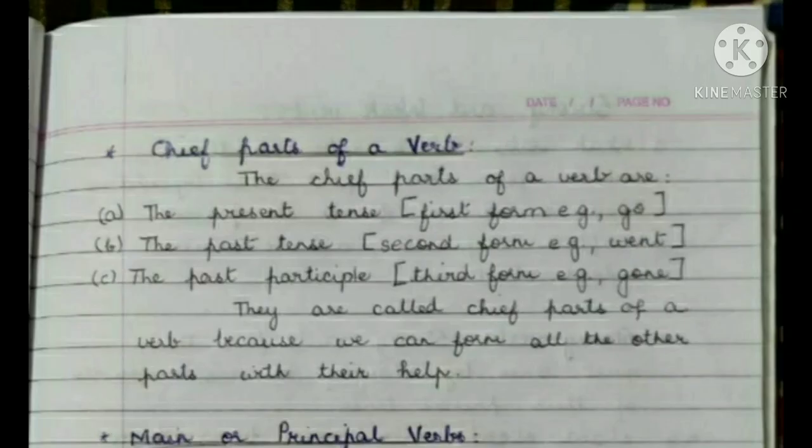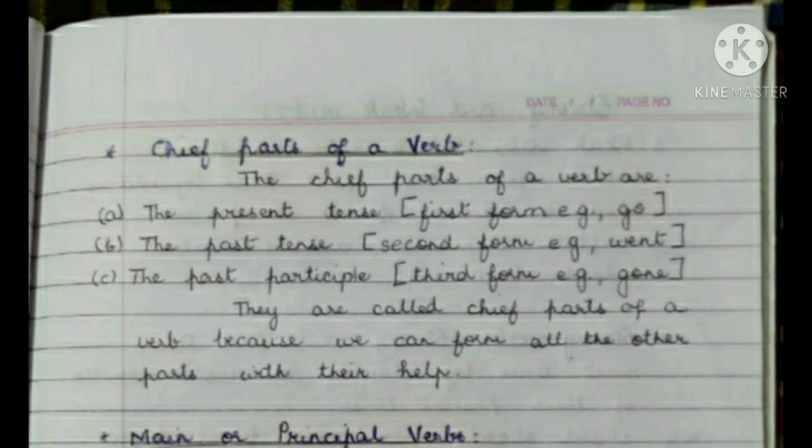Now we will see the chief or the main parts of a verb. The chief parts of a verb are: first, the present tense, that is the first form of the verb. For example, go. The past tense, that is the second form. For example, went. Then the next one is the past participle, that is the third form of the verb.